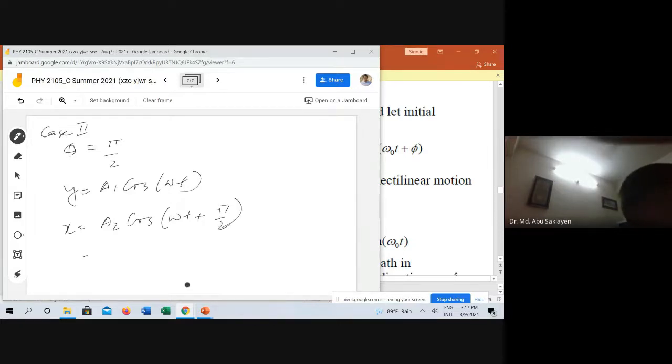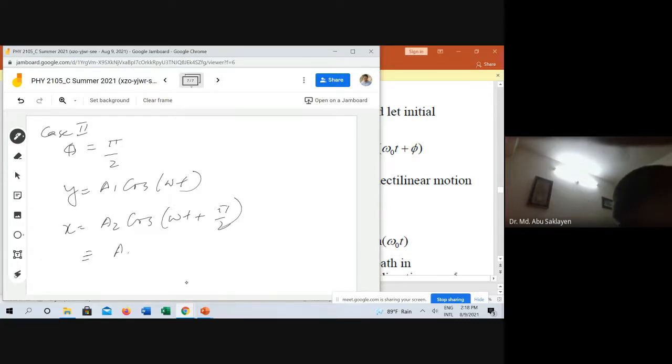What will it be? Anyone? Do you know cos theta plus pi by 2? What will it be?